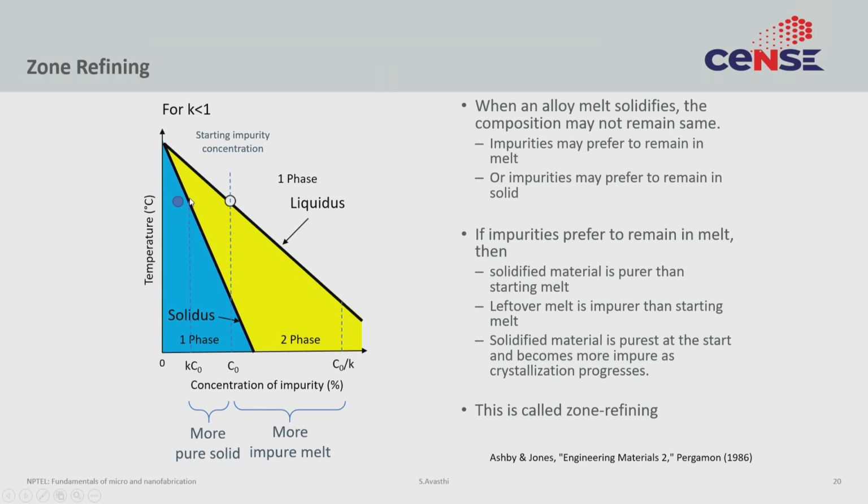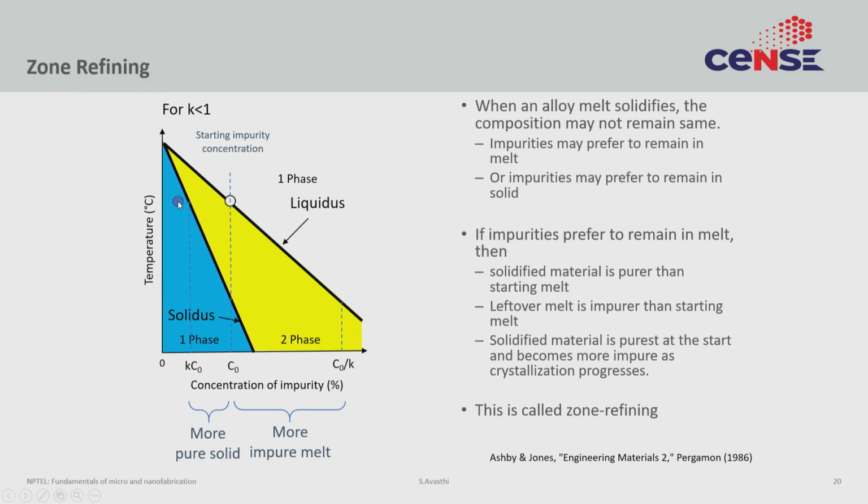This is the material that has frozen, and the concentration of impurities in this frozen material, if you look at this line, is this, which is lower than what you started with. Okay. So the presence of this yellow region ensures that when you freeze a material with an impurity concentration C0, the solid that you form will have concentration kC0, where k is less than 1. k here, by the way, is a distribution coefficient. We will come to that in the next slide.